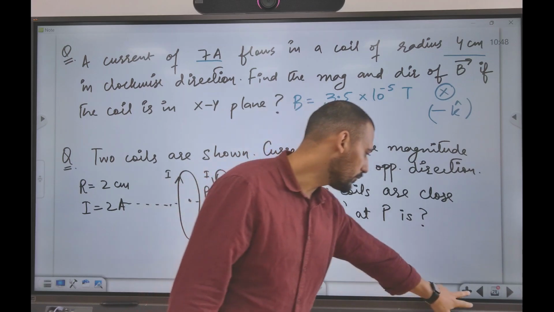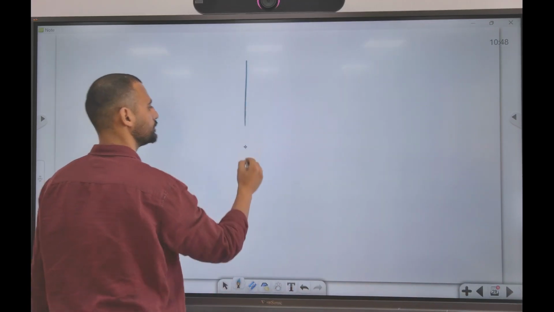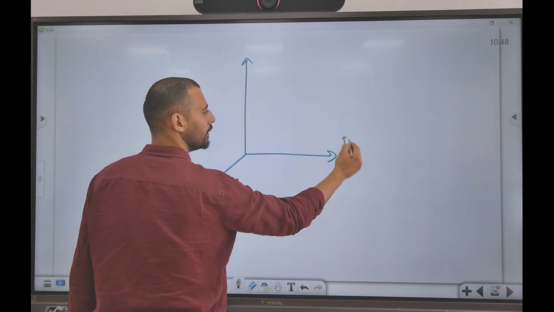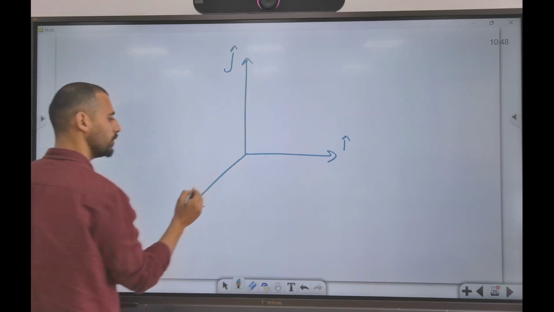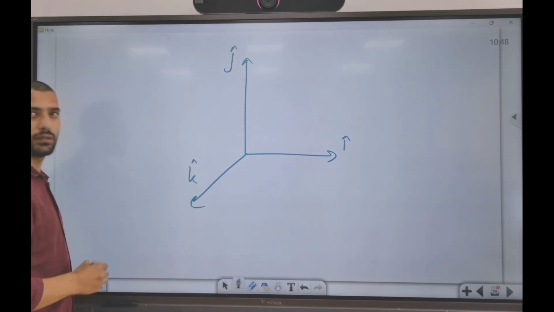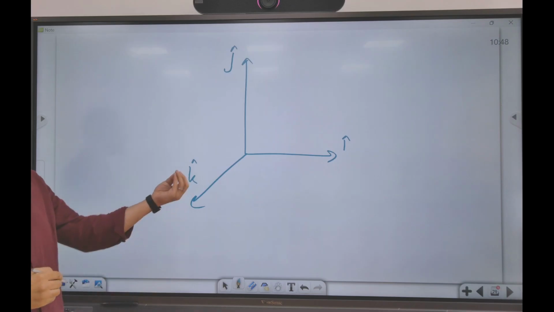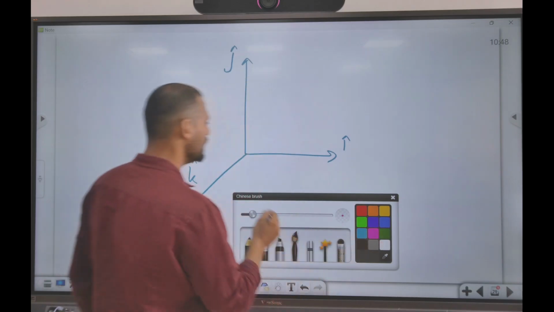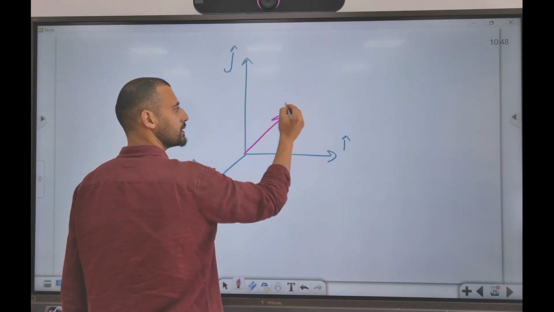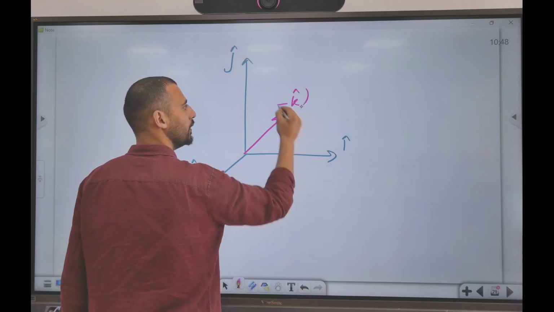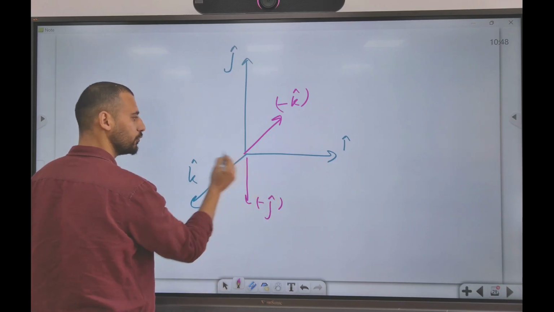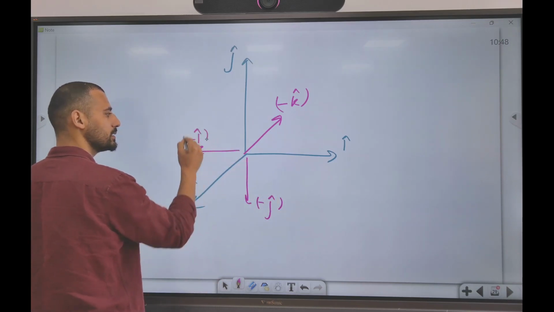If you remember what are the unit vectors along these directions. You remember? This is the I, this is J, and this is what? Fine? Now these are the positive directions. Now when you are talking about inwards, that means you are talking about this, so it will be negative K. Down would be negative J and left would be negative I, isn't it?